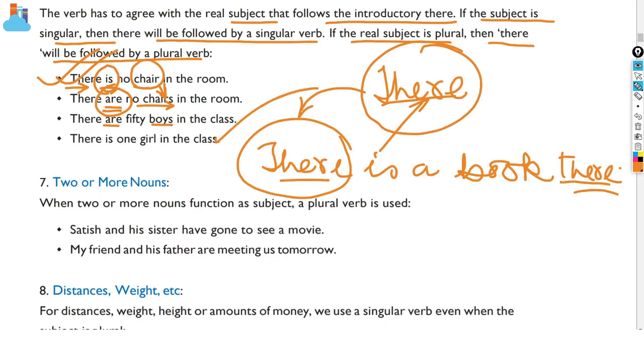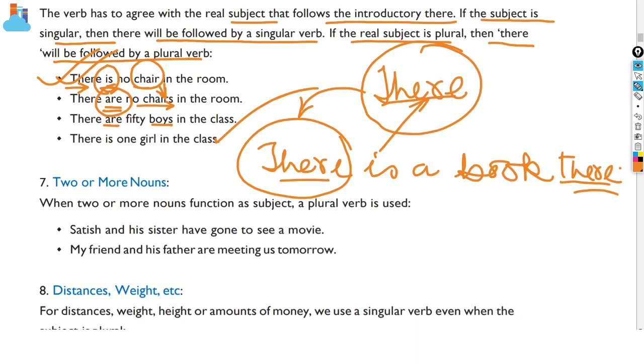So in this way you'll have to remember that subject and verb agree when the sentence starts with the introductory there. Now, in the case of two or more nouns joined, many times the option may be like singular plus singular joined, then what will happen, plural.